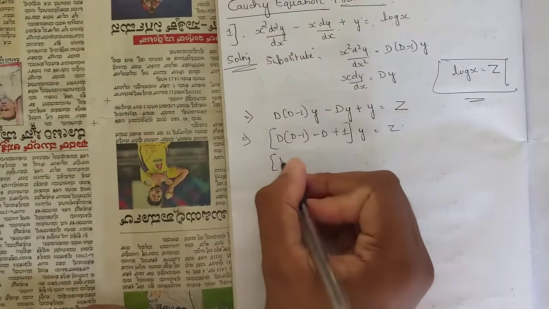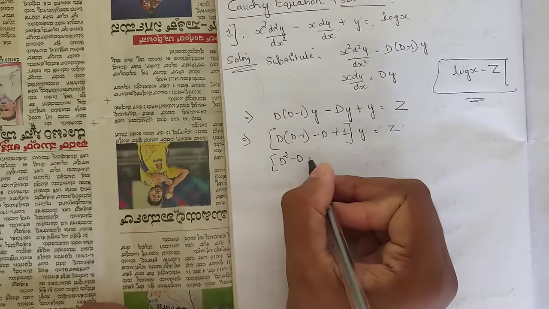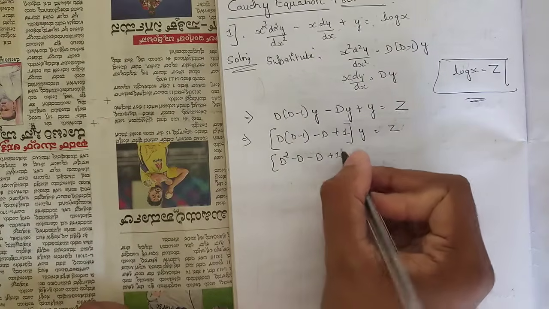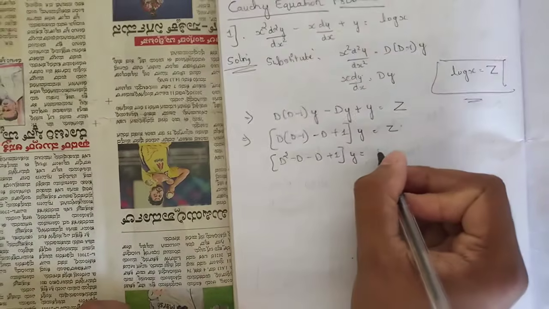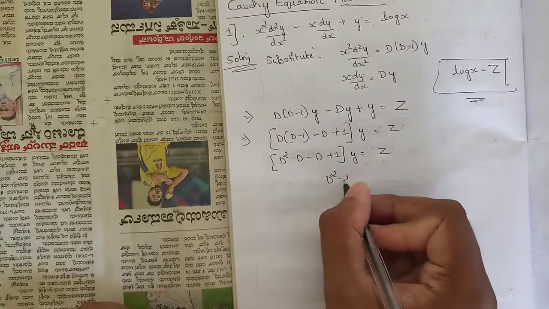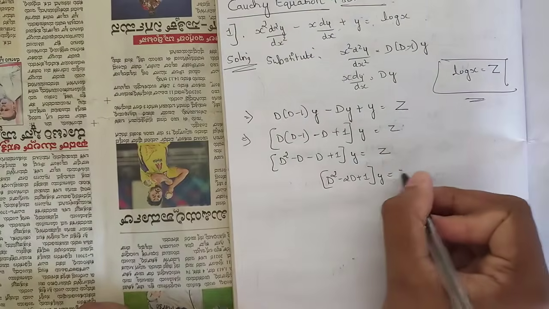That is D square minus D minus D plus 1, so this would be D square minus 2D plus 1 into y is equal to z.